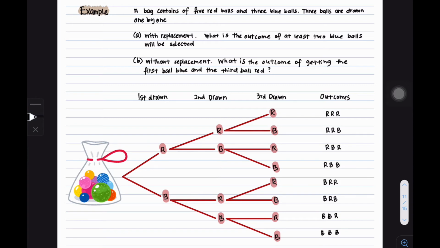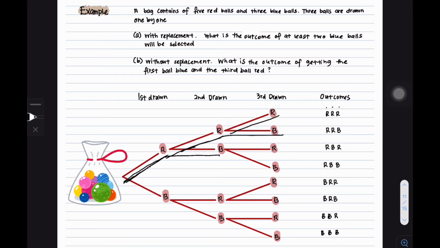Okay, so awak tengok sini, the leading branch, kali pertama dapat merah, kali kedua dapat merah, kali ketiga pun dapat merah. So, outcome kita adalah red, red and red. And then, kali pertama dapat merah, kali kedua dapat merah, kali ketiga dapat biru.